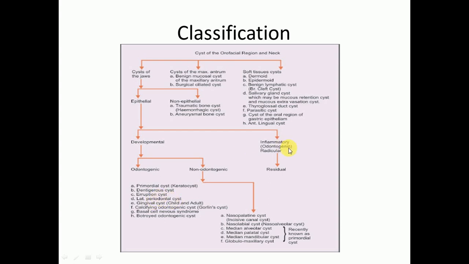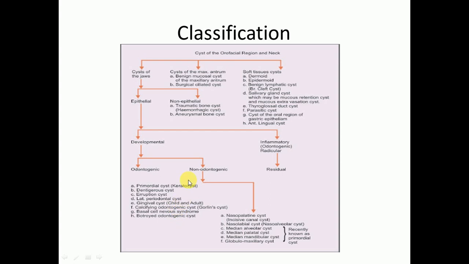The periapical will be inflammatory, whereas the lateral periodontal cyst is in the developmental, in the odontogenic list. The gingival cyst may be present in children or adults, and then the calcifying odontogenic cyst, also known as the Gorlin cyst, basal cell nevus syndrome, and botryoid odontogenic cyst.